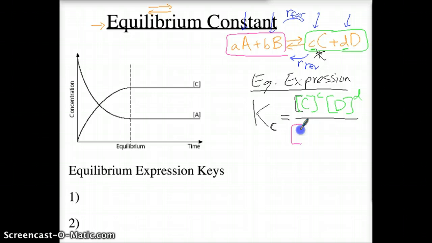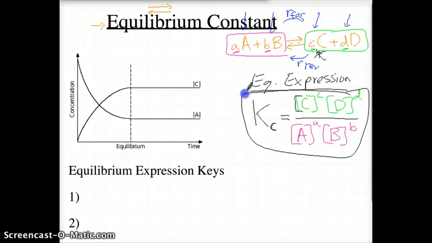So the concentration of A to the power of a, from our coefficient, times the concentration of B to the power of b, our other coefficient. So this right here would be the equilibrium expression for this equation.